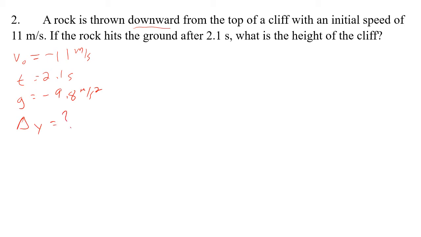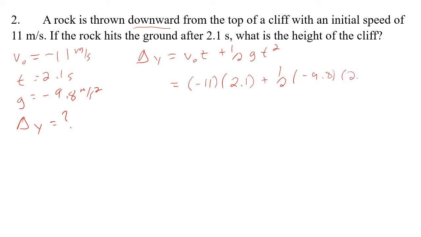So we can do our third equation up there, that delta y equals VOT plus 1/2 GT squared. Substitute in there, we get negative 11 times 2.1 plus 1/2 times negative 9.8 times 2.1 squared.